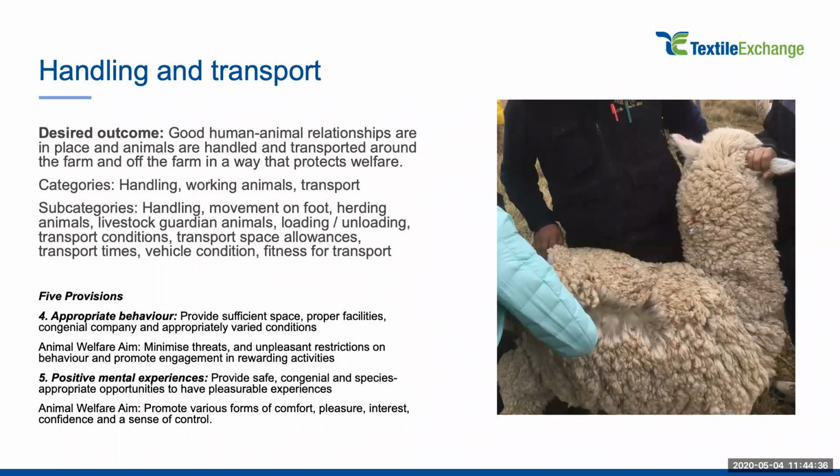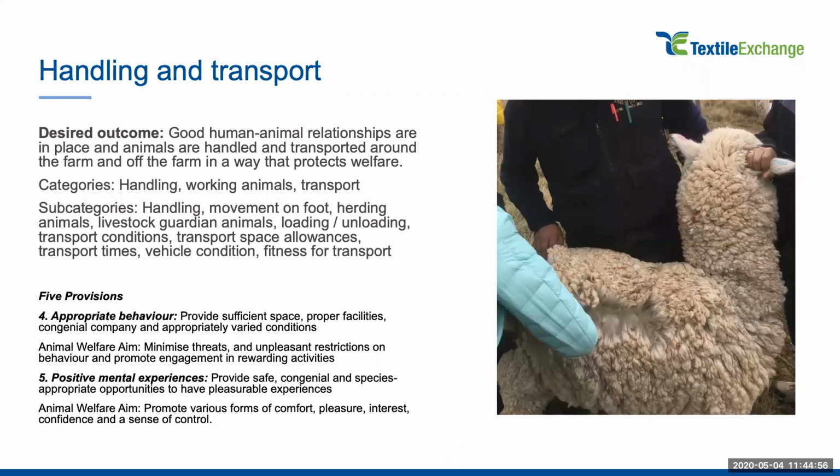So then handling and transport. I've put this photo in because you'll note the person who's out of shot is holding that alpaca by its ear. Actually, I have to say the animal wasn't terribly stressed by that, but it shows different methods of handling going on.